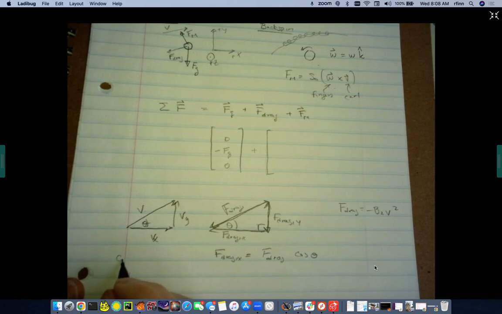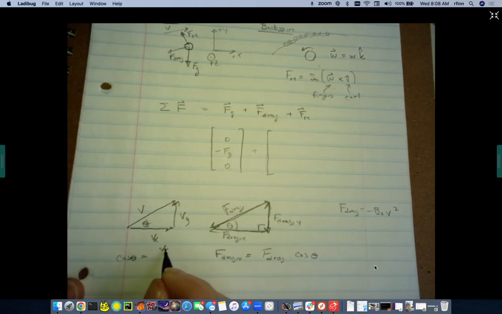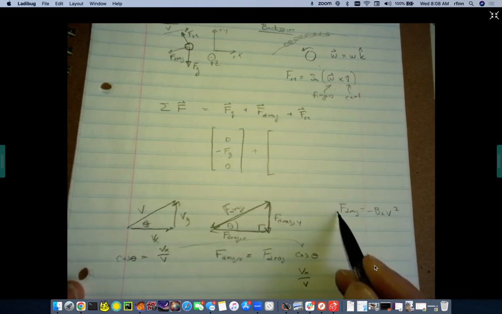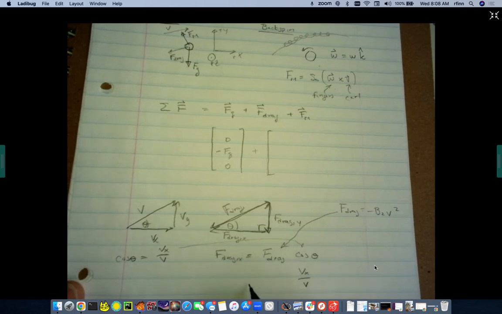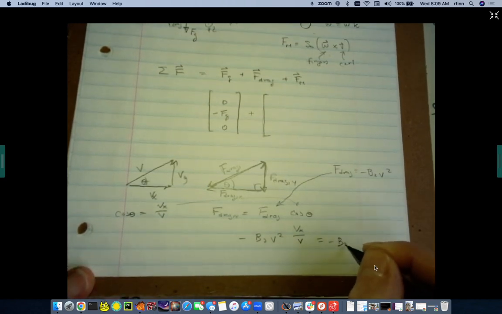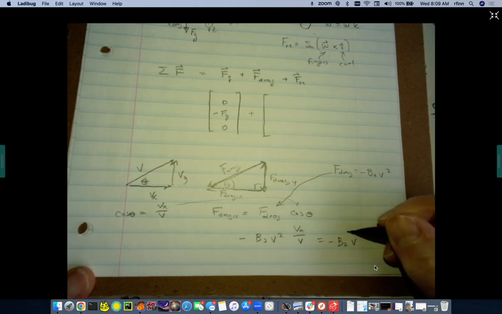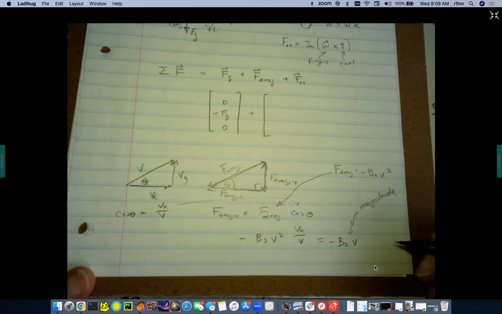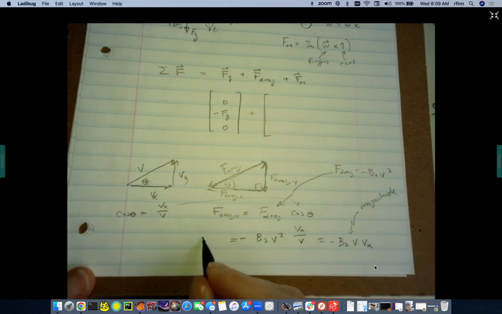So then cos theta is Vx over V. So let's substitute that in over here. So we get Vx over V, and then we substitute this in here for my drag. So negative B2 V squared. And so that will simplify to give us negative B2 V, where V is the magnitude of the velocity. And then, right, that V squared cancels that, and I just get Vx. So that's the easier way that we were doing in the other labs.